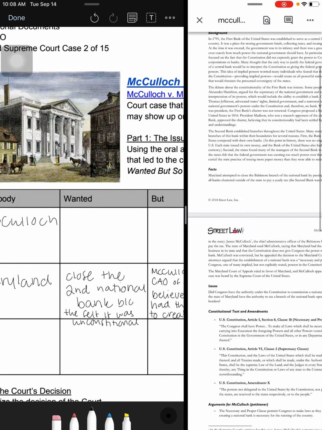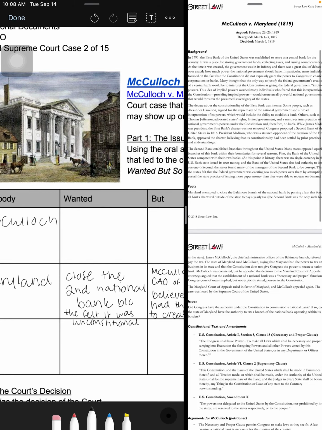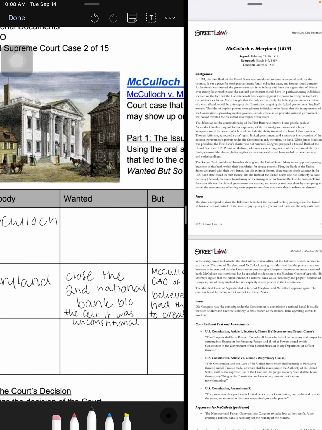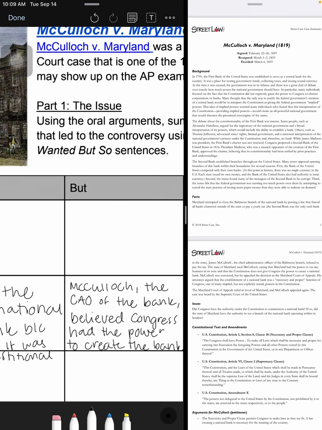So now we're going to go back and figure out what McCulloch wanted. So it says, James McCulloch, the Chief Administrative Officer of the Baltimore branch, refused to pay the tax. We could have also included that down here. Maybe I'll add that.